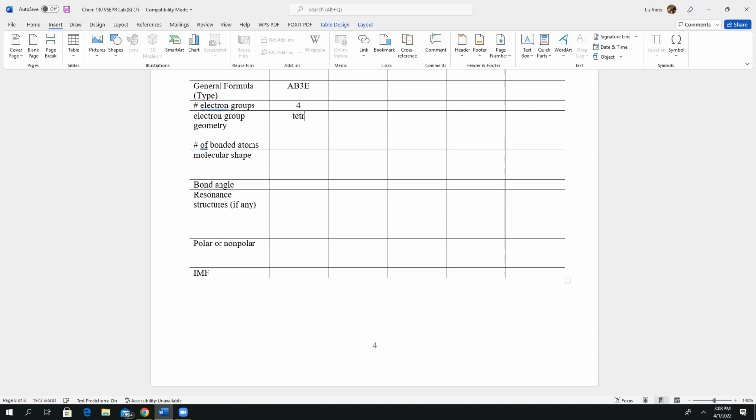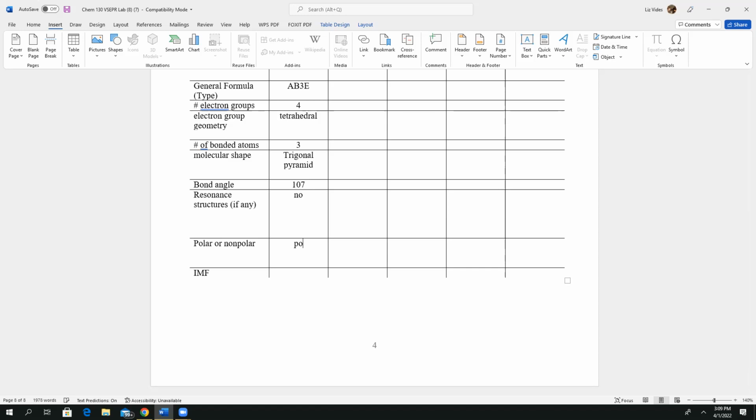That means we have 3 bonded atoms, which gives our molecular shape of trigonal pyramid. That's what ammonia is, which the bond angle is 107. And there is no resonance.